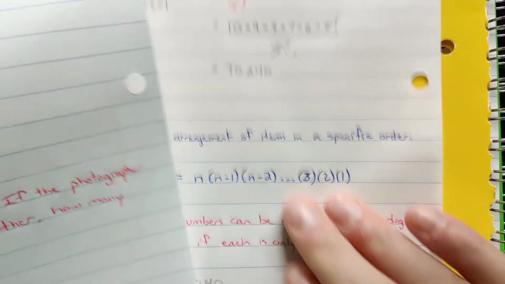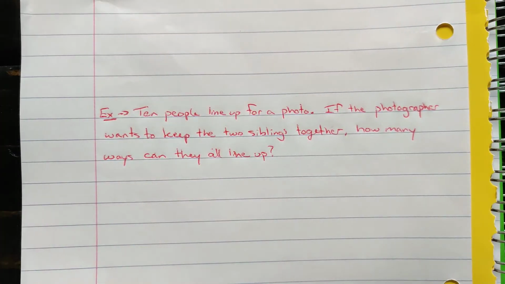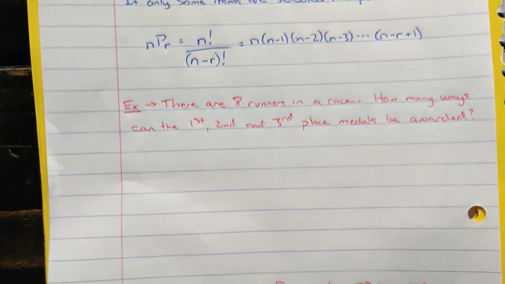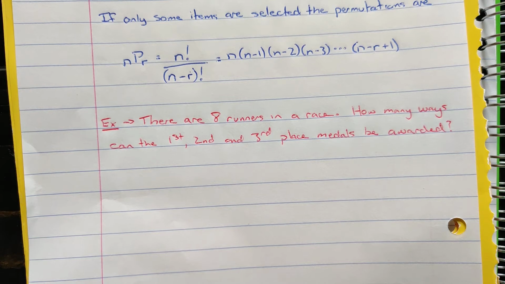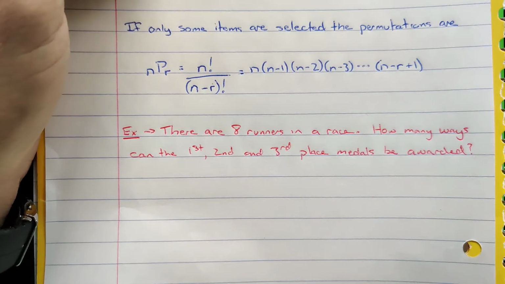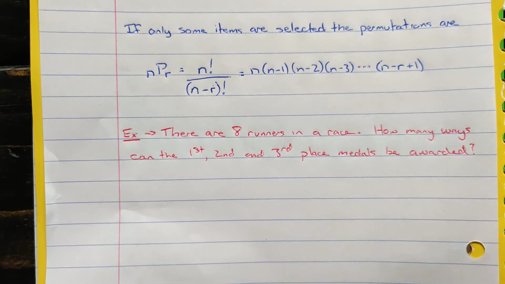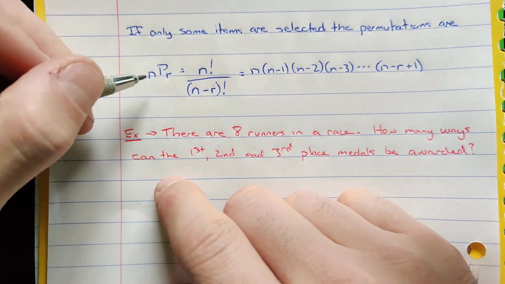All right, so the next page. We have the situation now where we used all 7 items. Now, a more useful permutation generalizes to the case where only some items are selected.